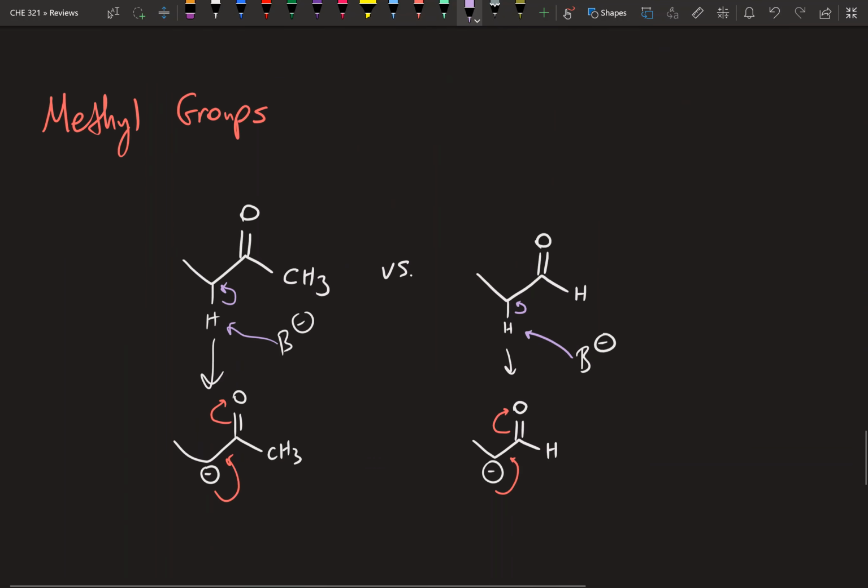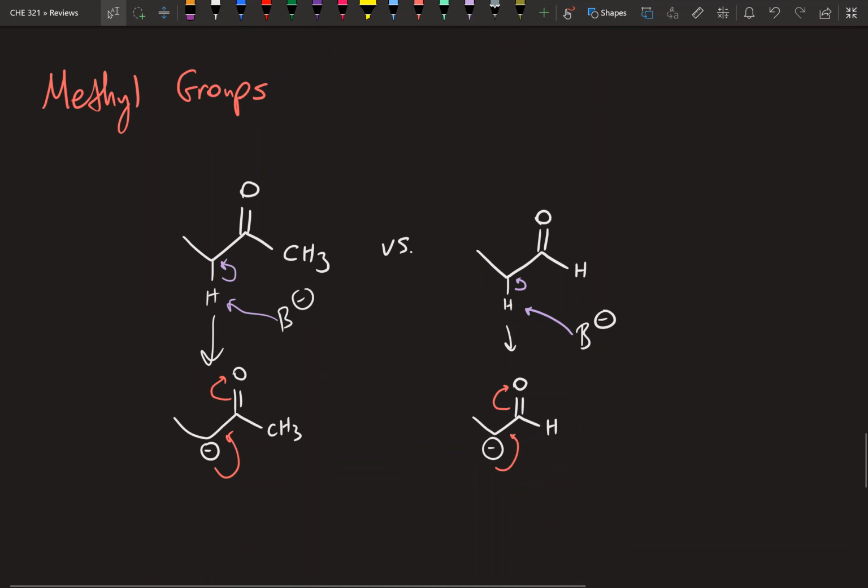The methyl is also known as an electron donating group. The only difference is it just cannot resonate. Okay, and so that methyl group is going to be donating electrons, just as this carbon over here with that lone pair, that negative charge, will be donating electrons into here. So we now have, again, two things donating electrons.